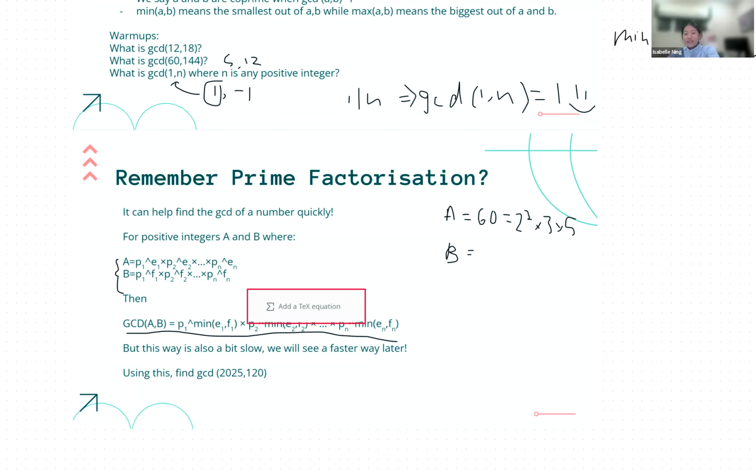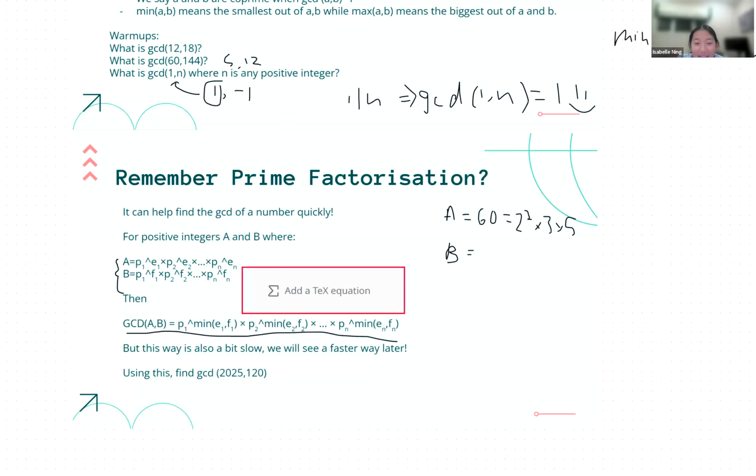Oh yeah, sure, Kingsley, you can type it. Wait, I'm pretty sure Olivia already got the prime factorization of 144 though.